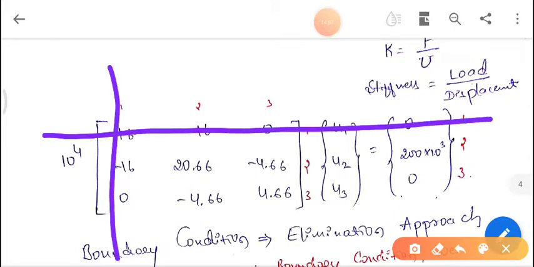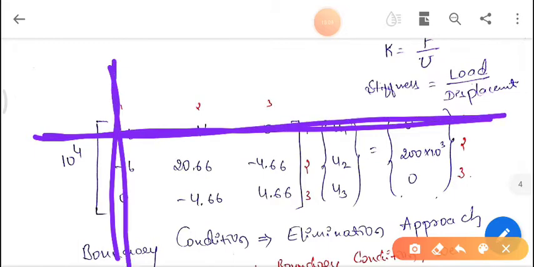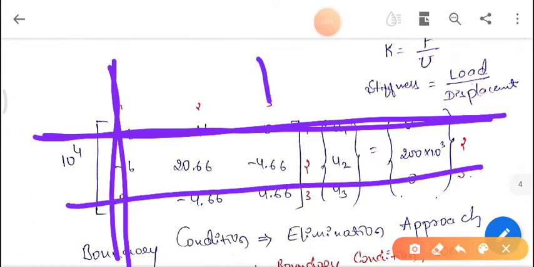In the given problem node 1 is fixed, so we have eliminated the corresponding row and column. Similarly, node 3 is fixed, so the corresponding rows and columns are eliminated. If we eliminate, we are left with only these two.